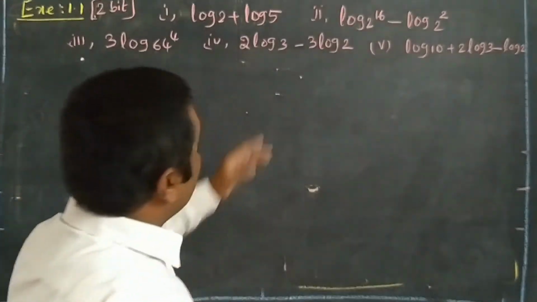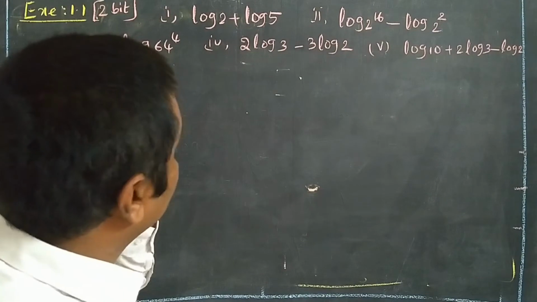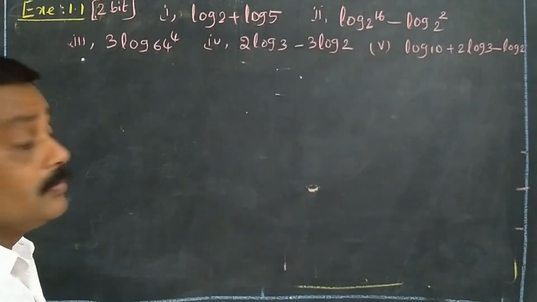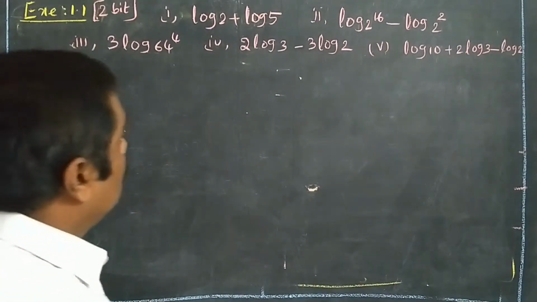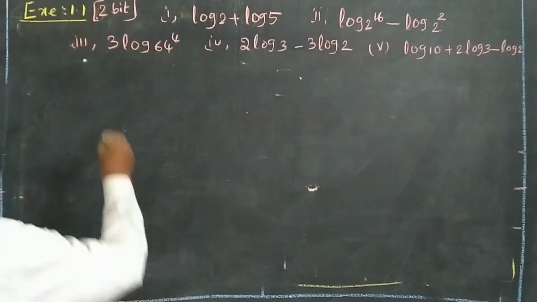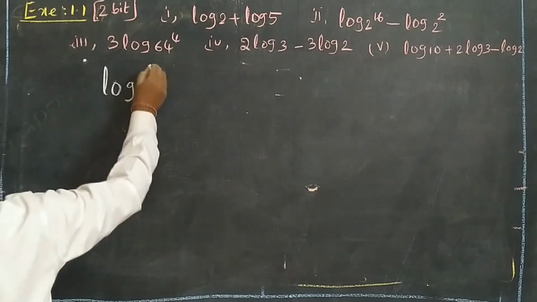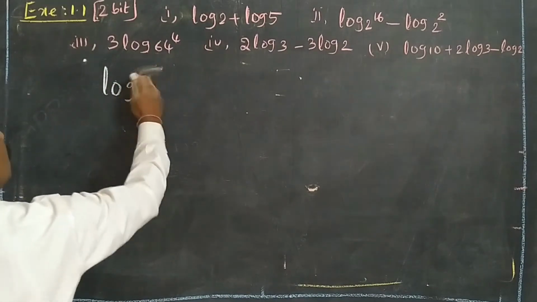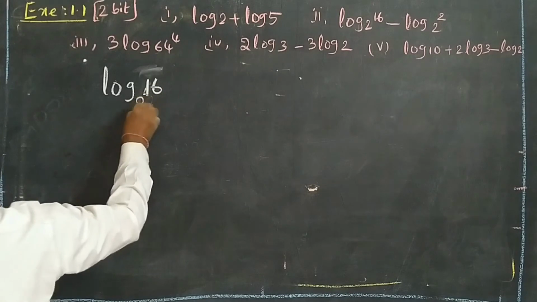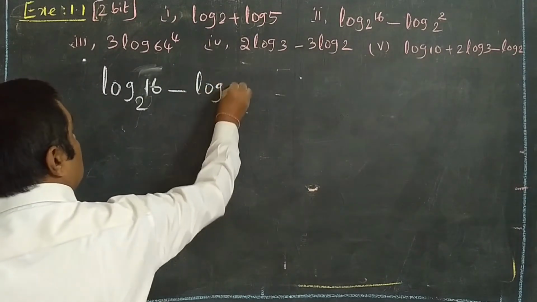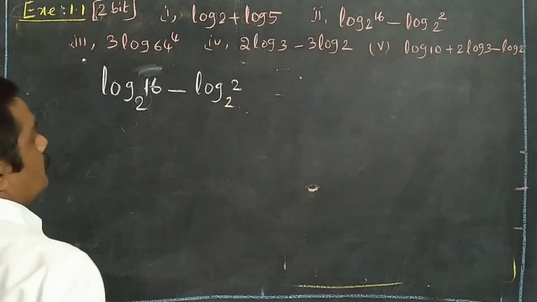The same way we have to do the second question. How to write the second question? Example, I am taking the second also. Log 16 base 2. Here given the base 2, and minus log 2 base 2.